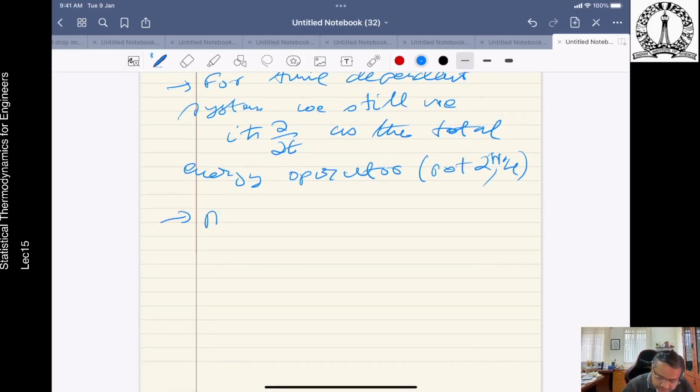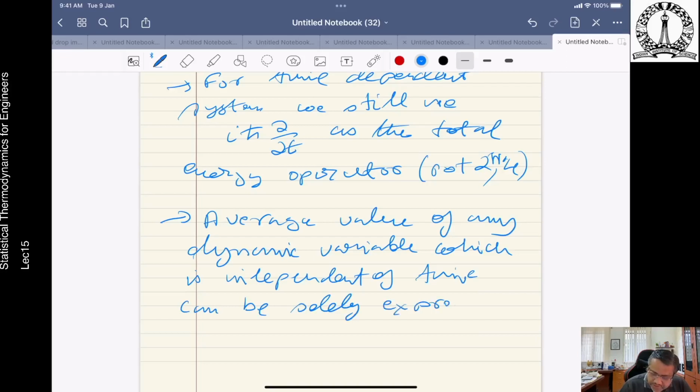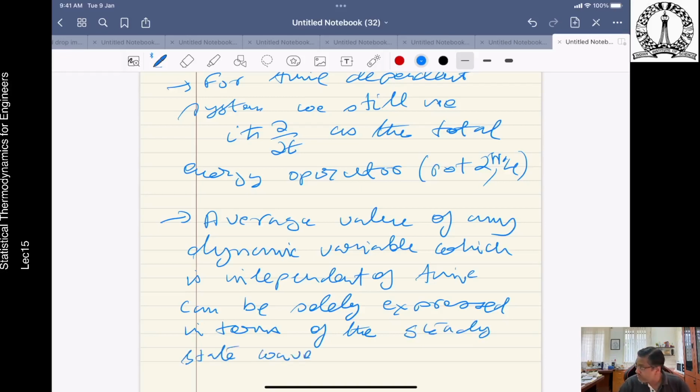The average value of any dynamic variable which is independent of time can be solely expressed in terms of the steady state wave function psi(r), which is not dependent on time.